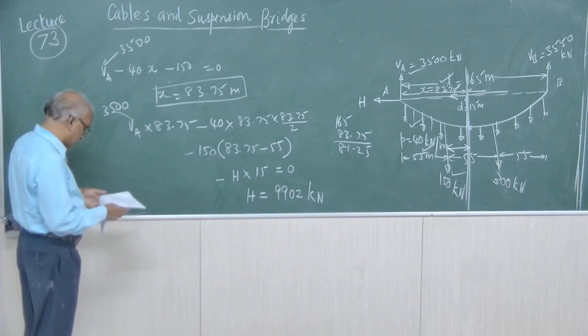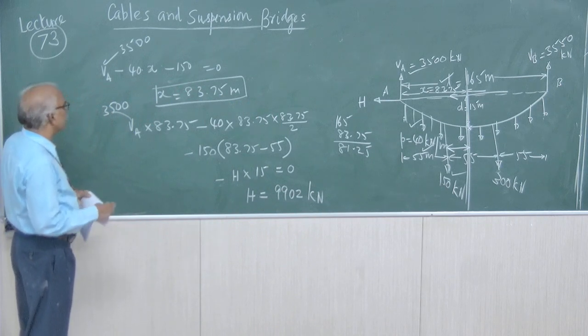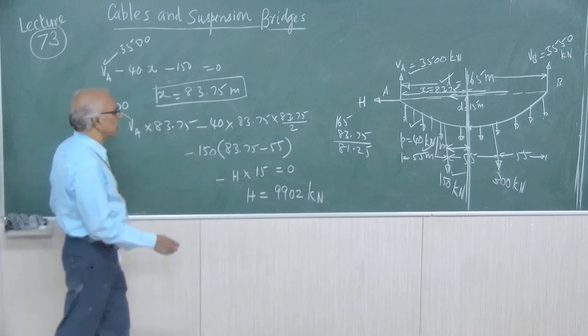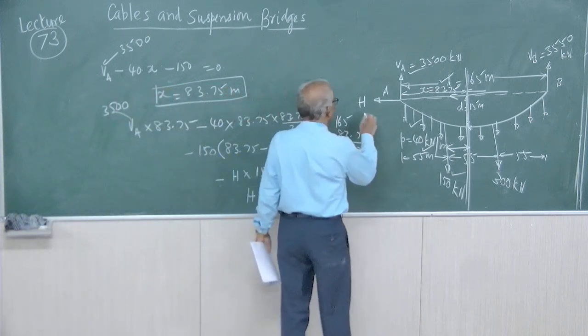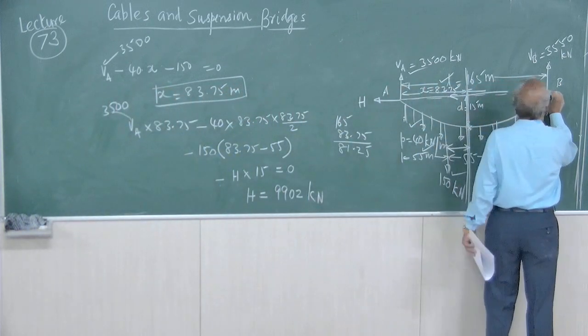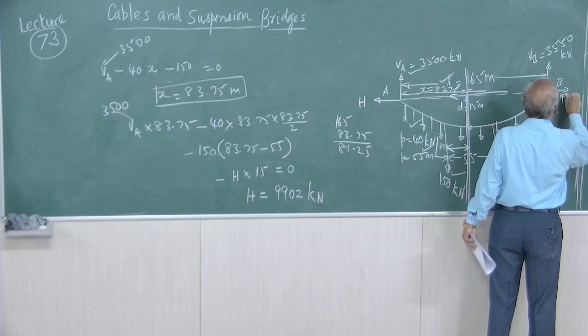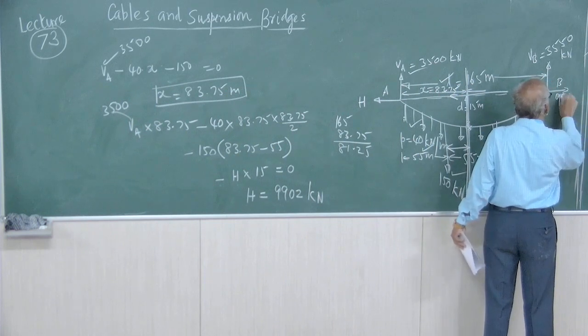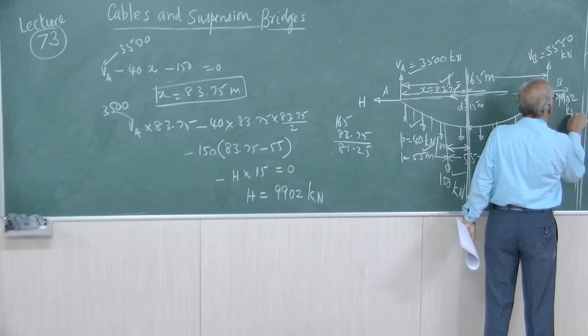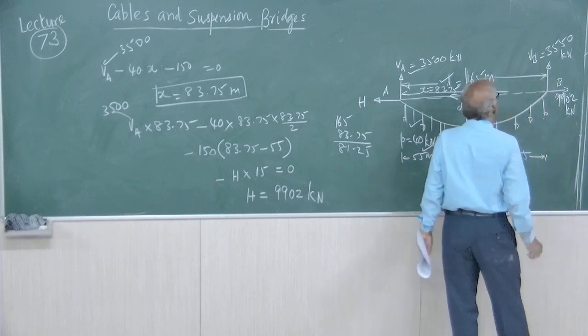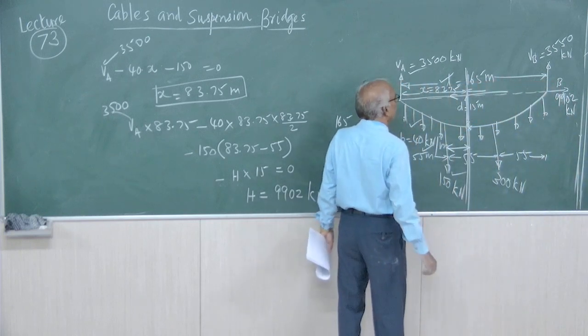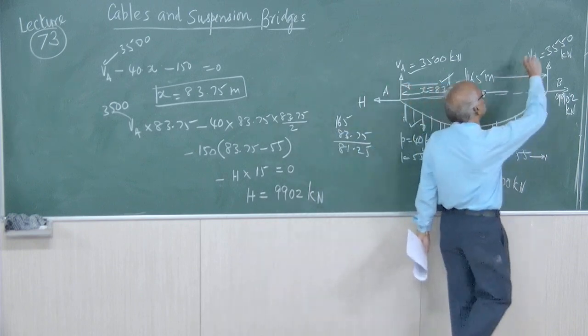That is one value. Now we have been asked to find out the value of the maximum tension. So H here is 9902, here also it is 9902 kilonewtons. Comparing VA and VB, we find VB is more.